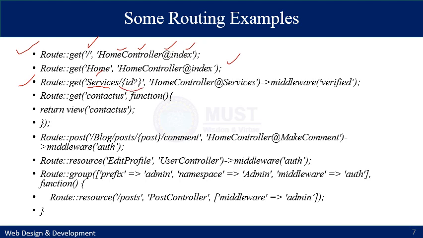So whenever we use a route in curly braces, that means that is a placeholder. That means you want a value from the user. For example, in this case we can get services slash id, so we assume that id will be a number, so we can expect that the URL will be in the form of services slash a number.